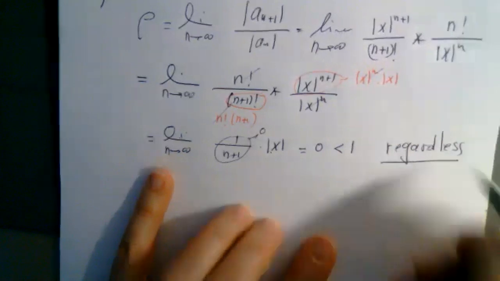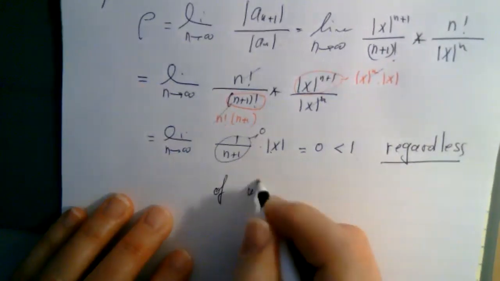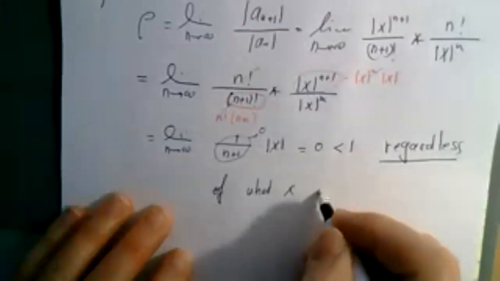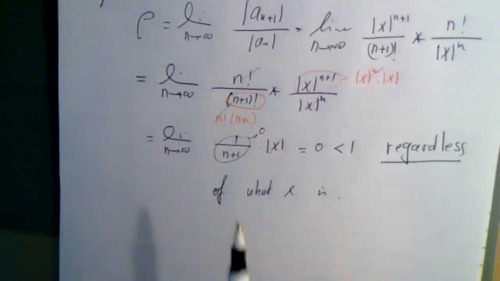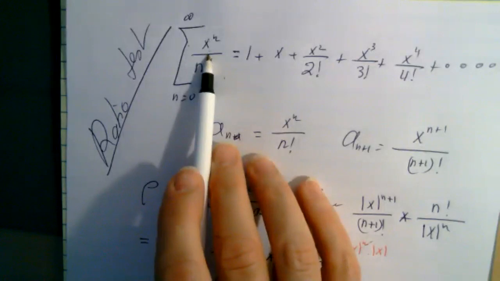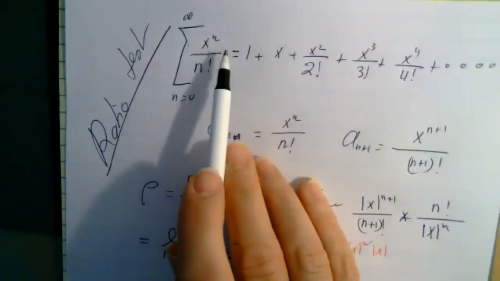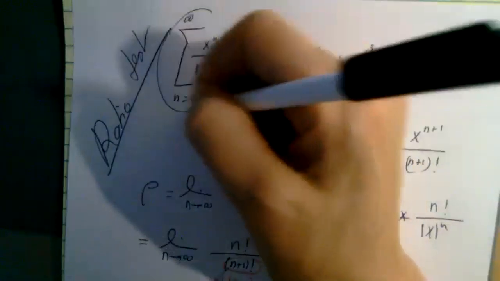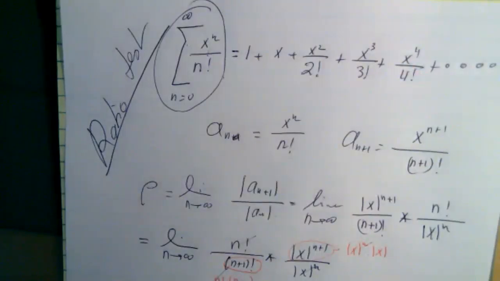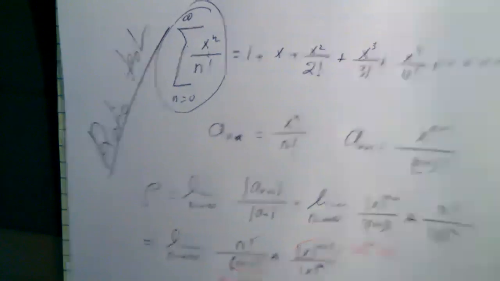That's important, regardless of what x is. What does this mean? This means the following: regardless of which value of x you put in here, 1, 2, 3, a million, this series will converge. No matter what you put, this series will converge.